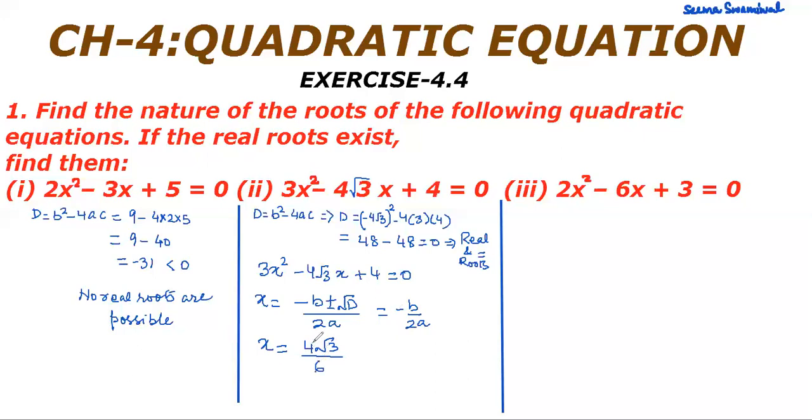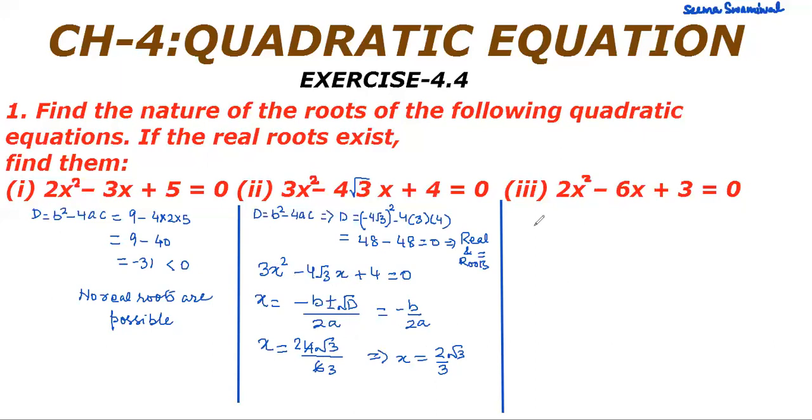When you simplify, x is equal to 2 upon square root 3. By middle term splitting you feel difficulty, but by quadratic formula it becomes very easy. This is the advantage of the quadratic formula. Only by putting the values of a, b, and c, you are able to get it.